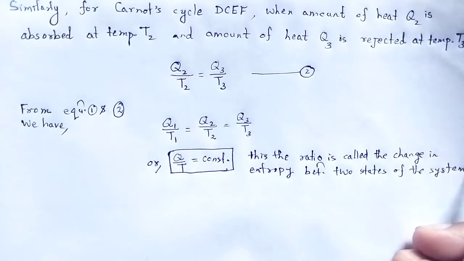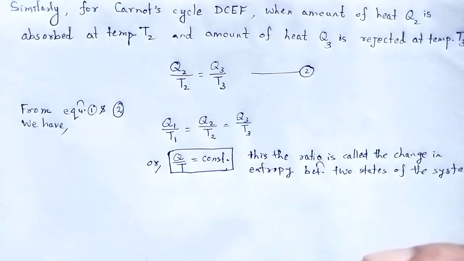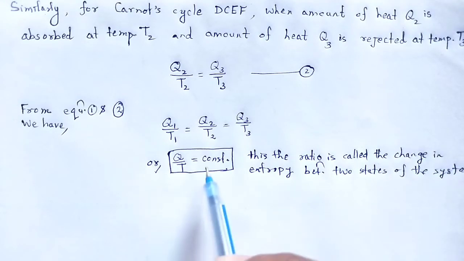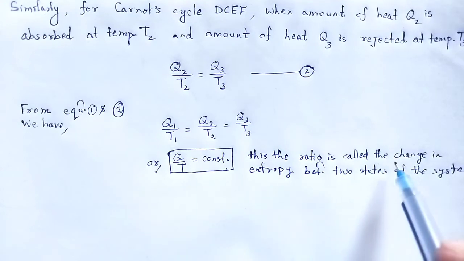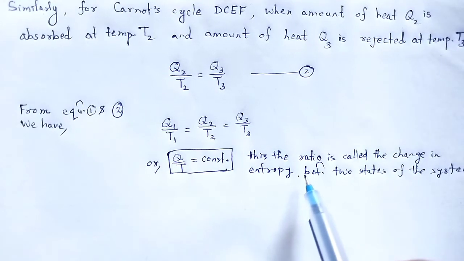We consider a system that has an initial state and a final state. That ratio indicates the change in entropy.